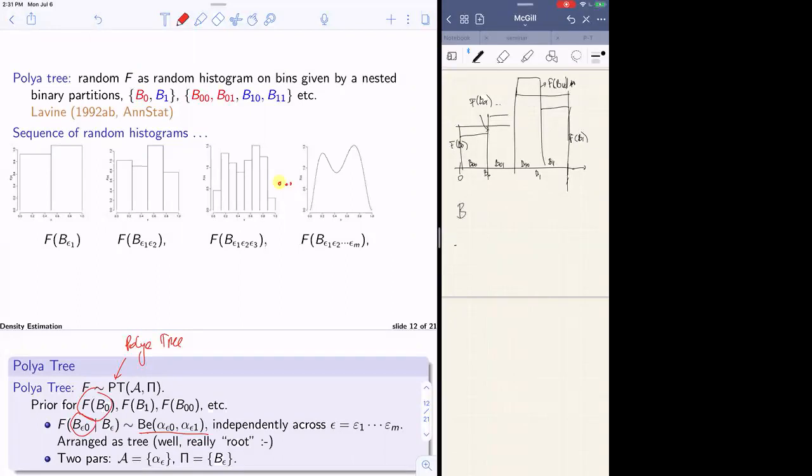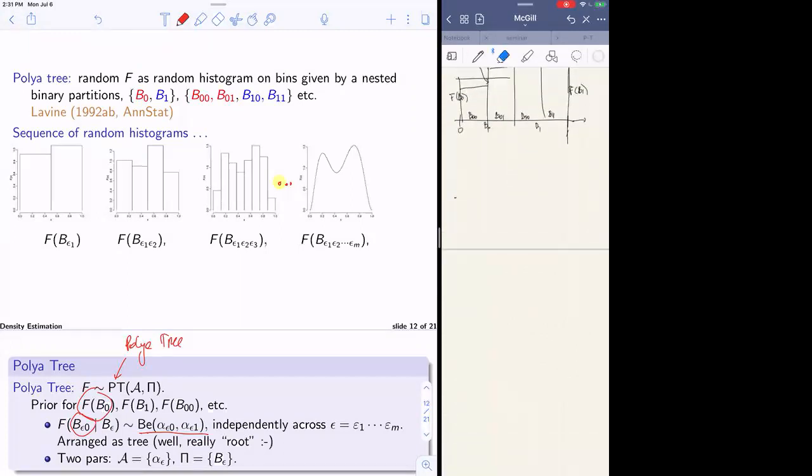a B sub epsilon, where epsilon is a binary sequence. Sorry, can I redo that more beautifully? When we have a B sub epsilon, we split that B sub epsilon into B sub epsilon 0 and B sub epsilon 1. And we keep on doing that recursively.